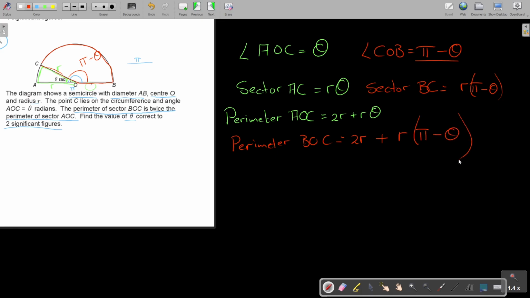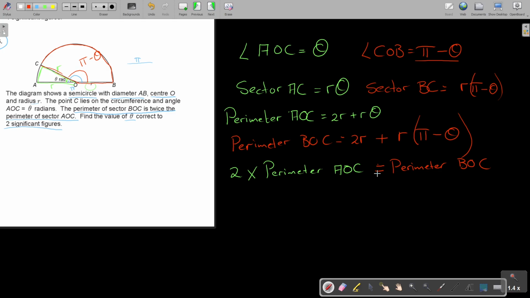Okay, now we go to this statement. The perimeter of sector BOC is twice the perimeter of AOC. So if I take the green one, if I say 2 times perimeter AOC, that will be equal to perimeter BOC. Remember, it's an equal sign, so we put the 2 on this side because it must balance like a scale.